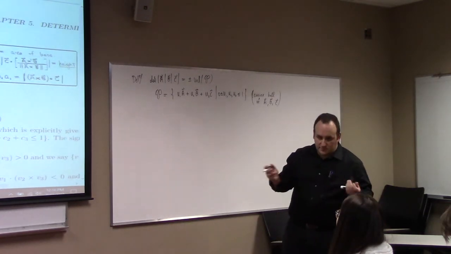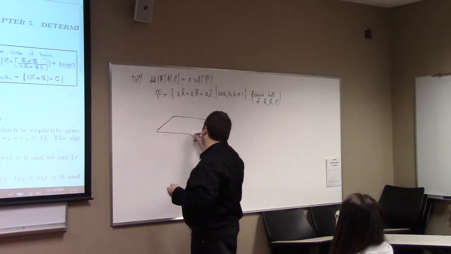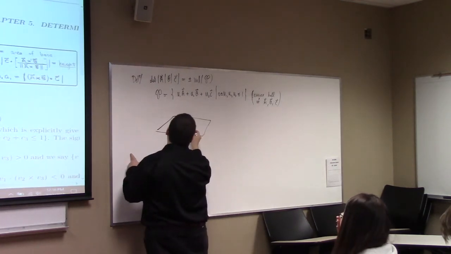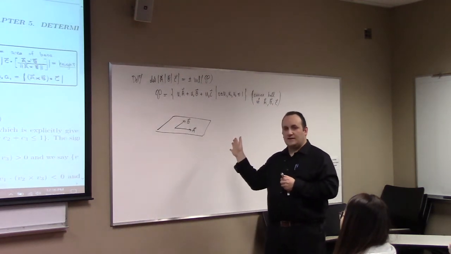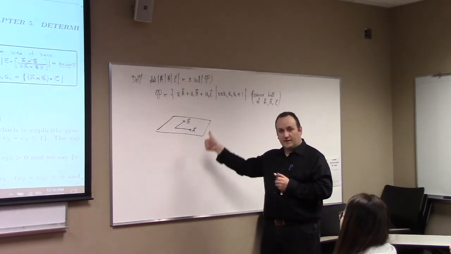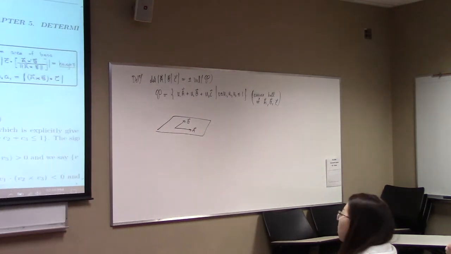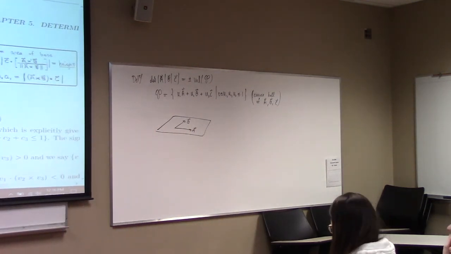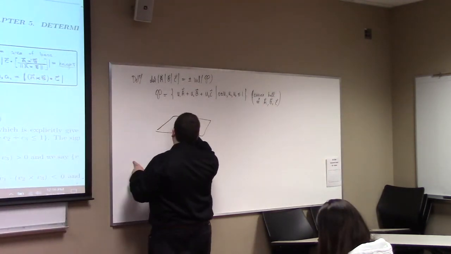Now, let me just tell you what the plus or minus means. So if we have this vector, if A looks like this, and B looks like this, then the cross product of A and B, we learn in Calculus 3, we use the right-hand rule, A cross B. Using the right-hand rule, in my picture, A cross B would be something like this, right?